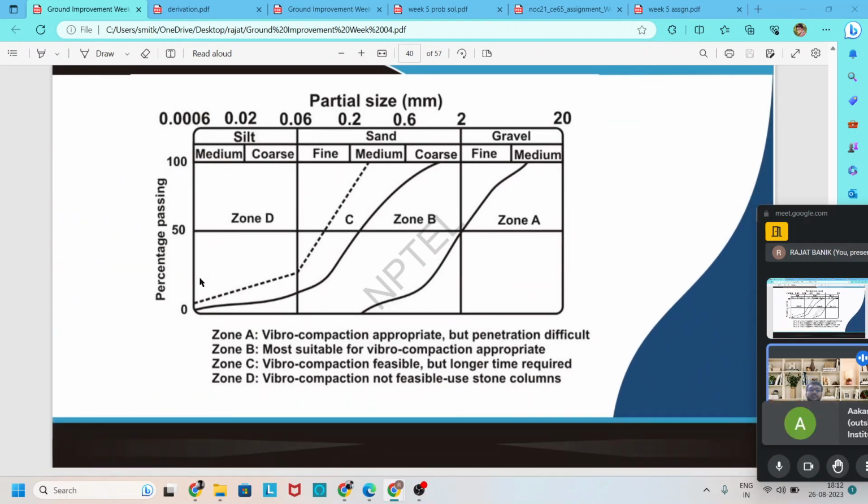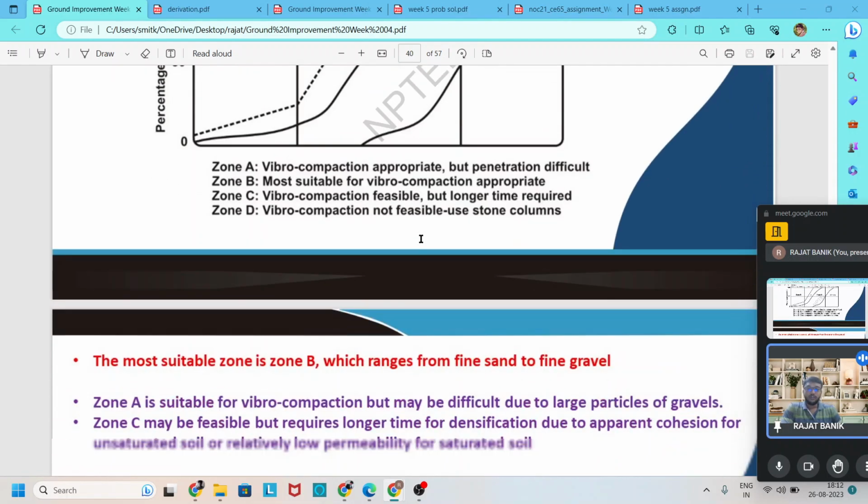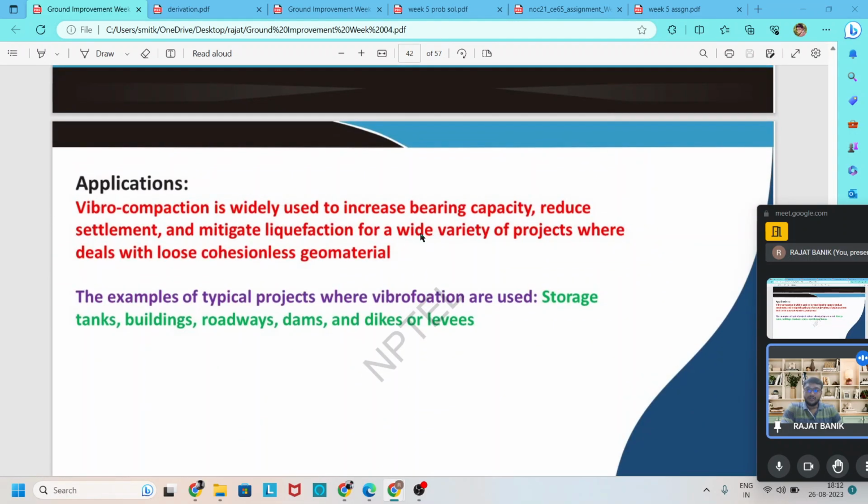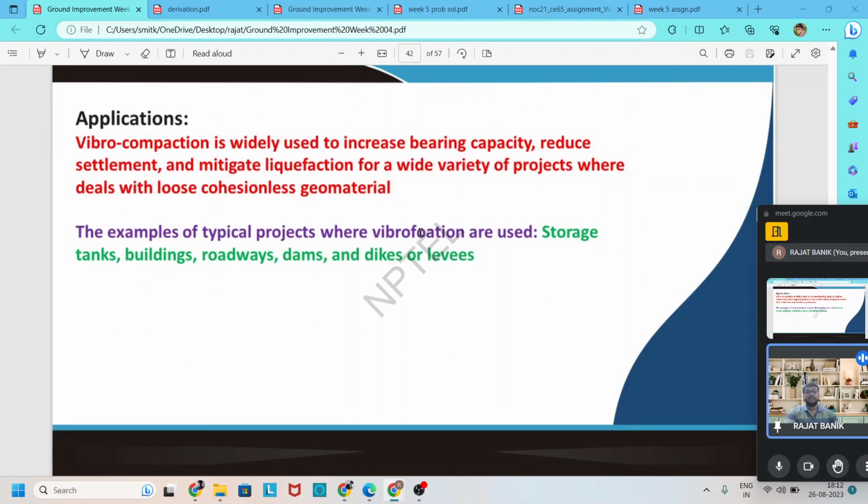We also discussed which zone it is suitable for. It is mostly suitable for zone B, which ranges from medium to coarse sand to coarse gravel. We also discussed its applications, why and how it is used.